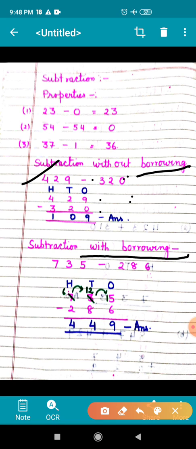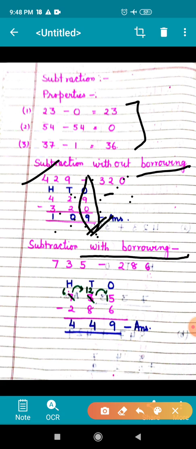We will arrange the digits in their correct place. Here you can see 4 I have written on the 100's place, 2 on the tens place, 9 on the ones place. Here 3 on the 100's place, 2 on the tens place and 0 on the ones place. Now we will subtract the ones place. 9 minus 0, you will apply the property rule. 9 minus 0, the answer comes the number itself, 9.